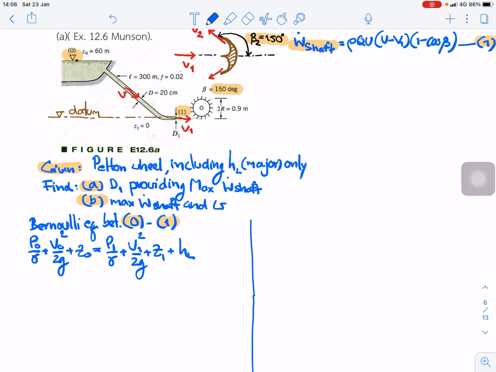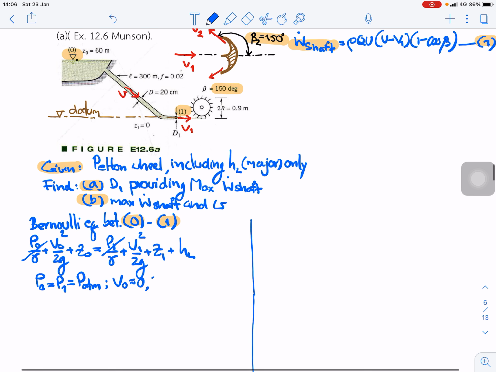In this case P0 is equal to P1 because it's atmospheric pressure, so we can cancel P, and we assume that V naught is very small. Z1 is on the datum, so Z1 is 0 and we can cancel Z1.